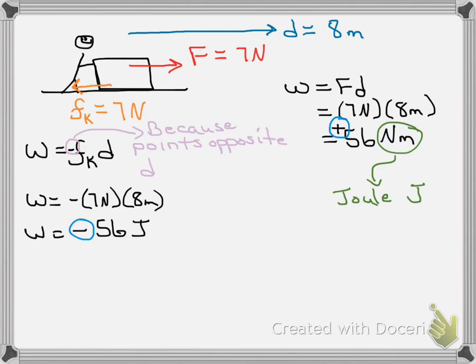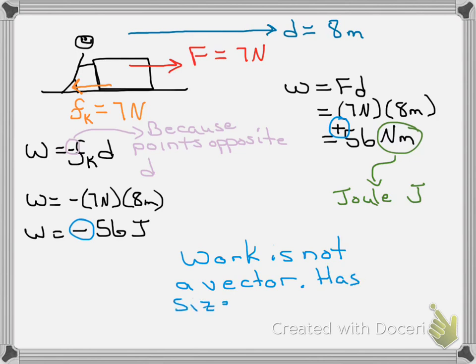It does not, however, tell us direction, because while force and displacement are both vector quantities, work is not a vector. Work has only size, but no direction associated with it. So that means the positive or the negative value of work are not telling us something about direction or which way.